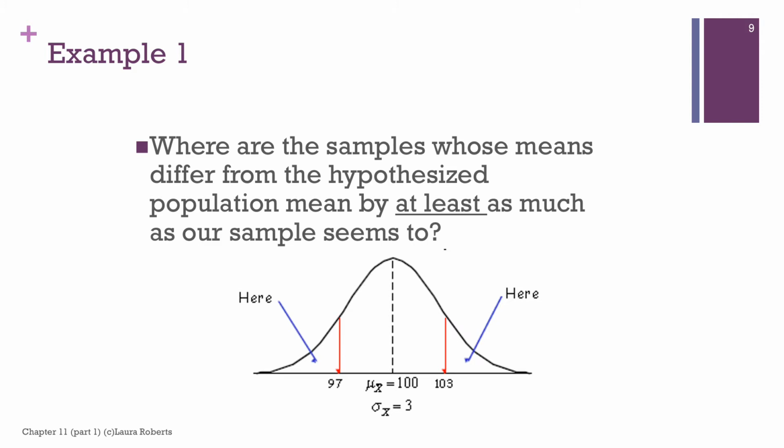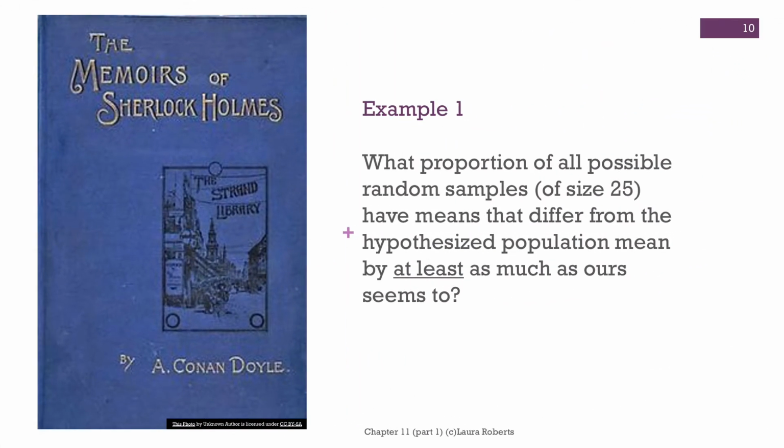So we're looking at those samples with a mean of 100 plus 3 equals 103 or higher, or a mean of 100 minus 3 equals 97 or lower. And these areas are identified with the blue arrows.